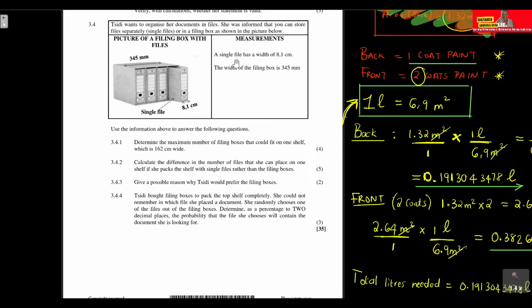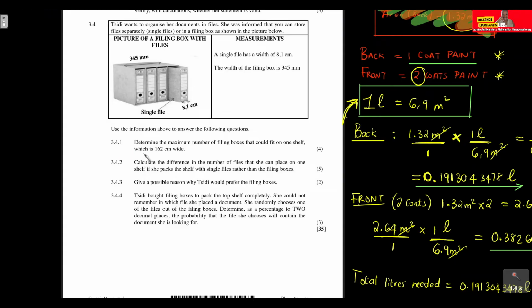We are told that a single file has a width of 8.1 centimeters, and the width of the filing box, from there to there, is 345 millimeters. It says use the information above to answer the questions as follows.